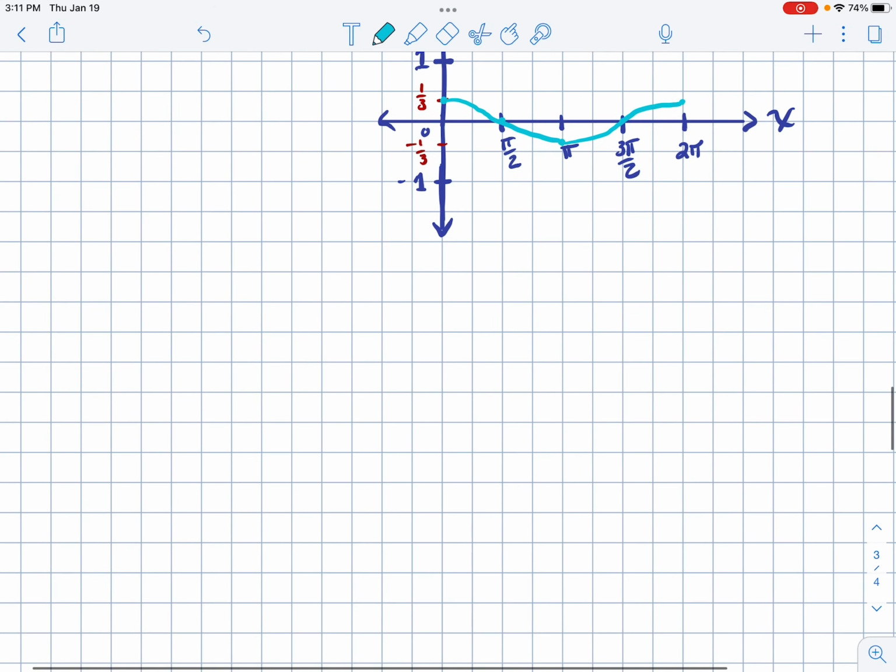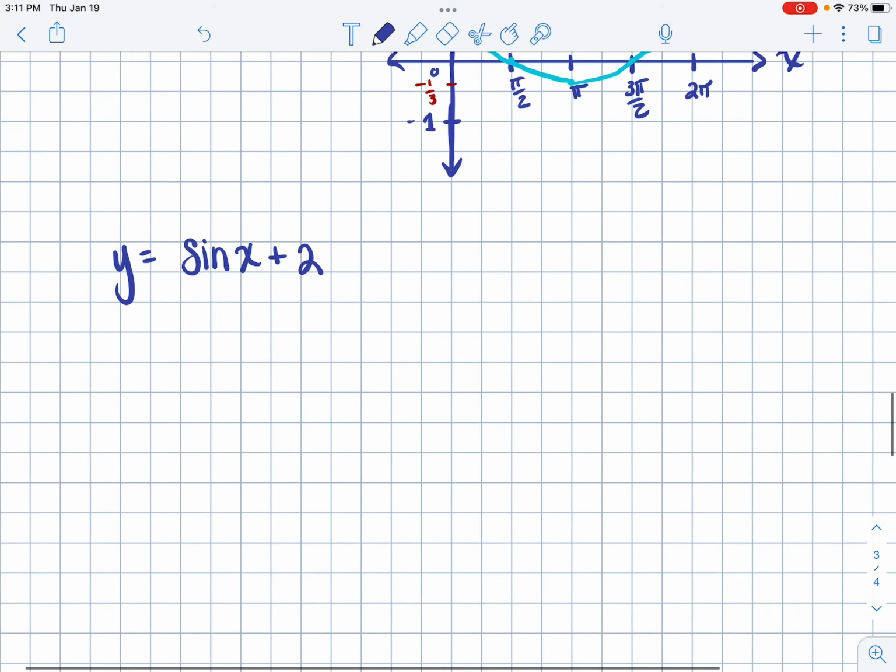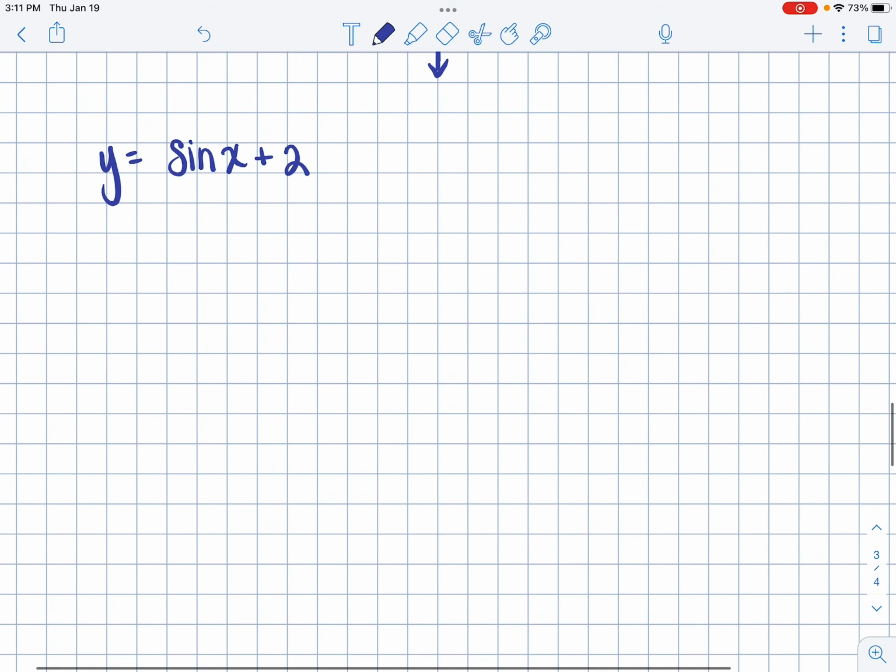The next one that we learned was the vertical shift. The vertical shift is when you're adding or subtracting to the function itself. So this time, whenever I go to draw my graph again, our x coordinates are not going to change any.